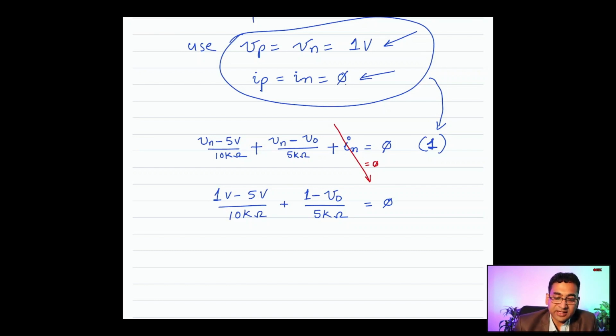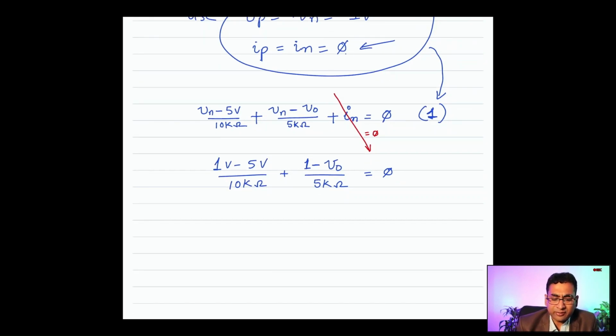Simple enough. There are a bunch of different ways to do that. I'm going to simply follow the one that makes most sense to me. Minus 4 volts by 10 kilo ohms plus 1 minus Vo by 5 kilo ohms equals 0.